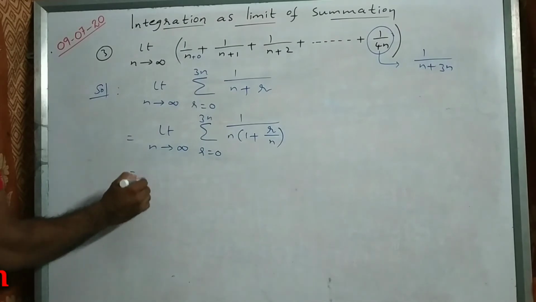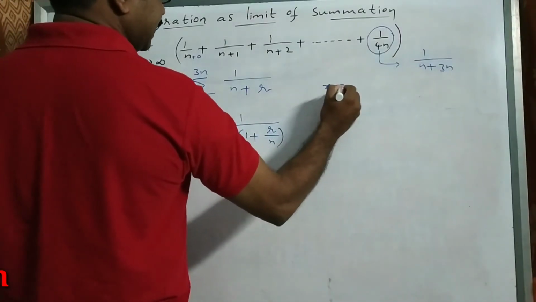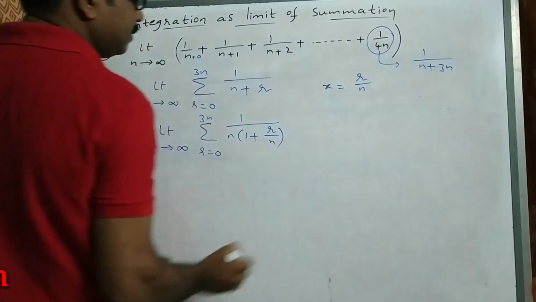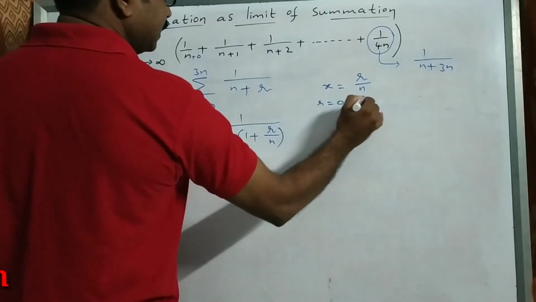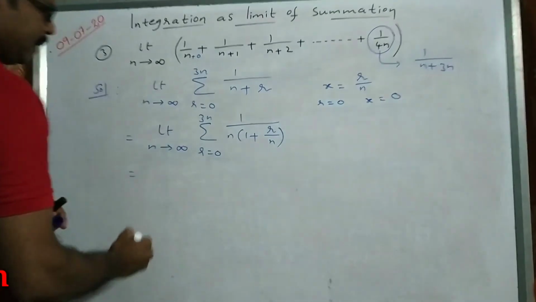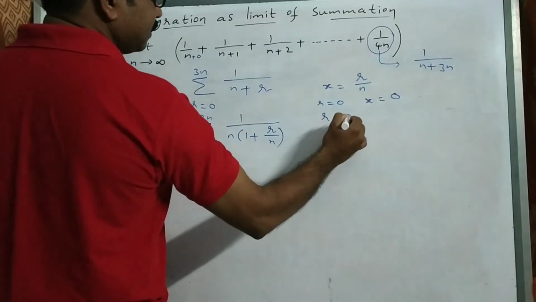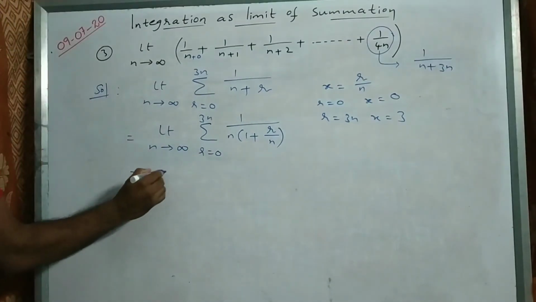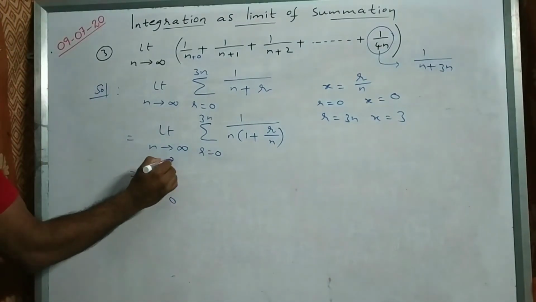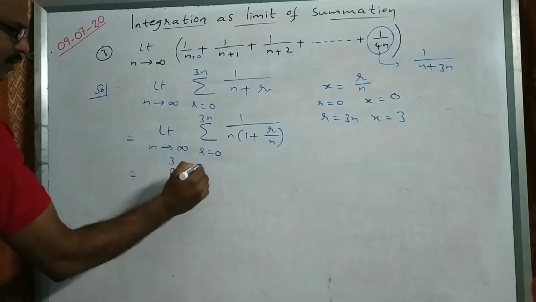So we will take x equal to r by n. So what are the limits here? If r equal to 0, then x equal to 0. If r equal to 3n, then x equal to 3n by n, so 3. What are the limits here? 0 to 3. 1 by n means we write dx.